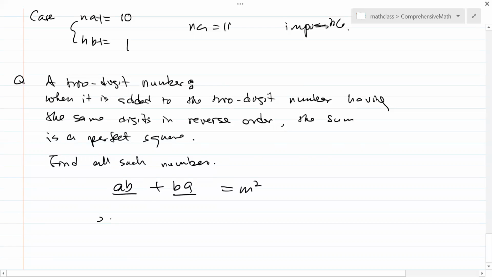I'm just giving an example. 29 plus 92 is going to be what? It's going to be 121. It's 11 squared. So this is one example.